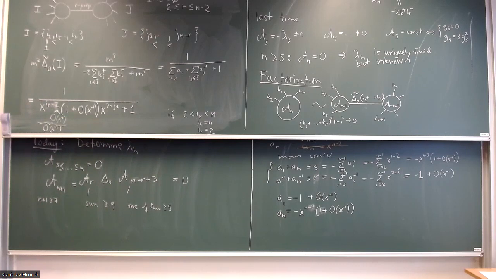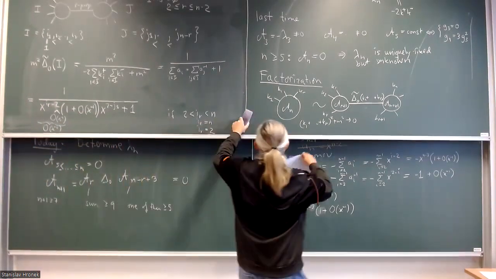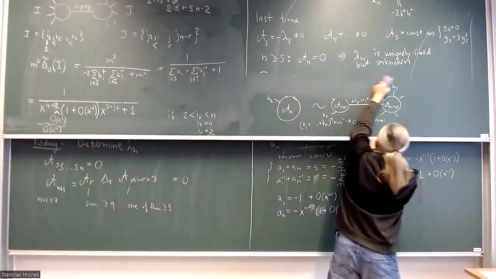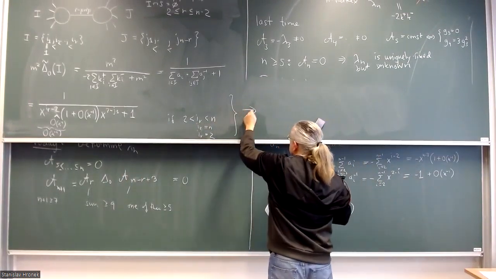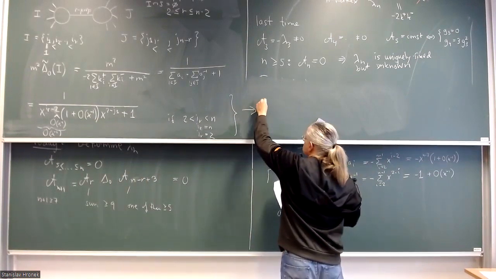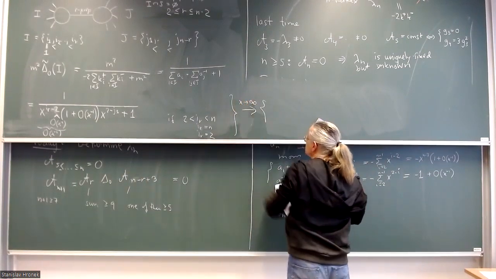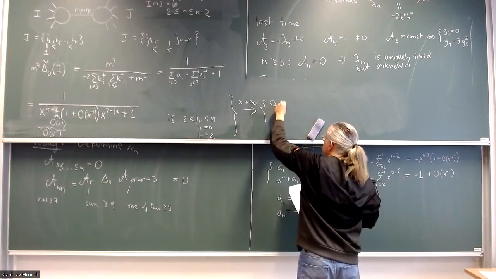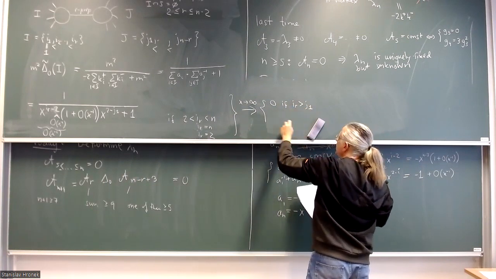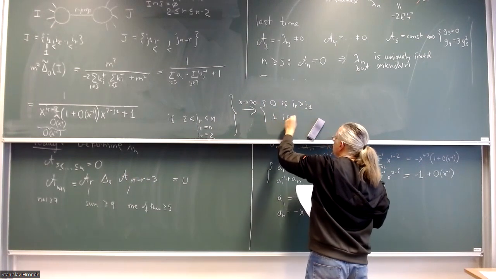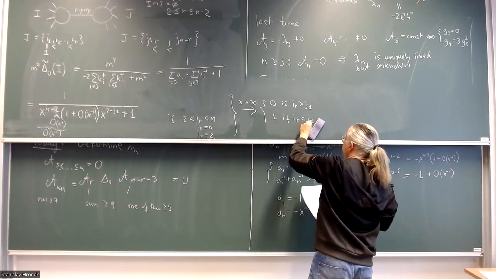Okay, and then you can convince yourself that in all cases, it turns out that when x goes to infinity, this becomes 0 if r is bigger than J1, and it becomes 1 if r is less than J1.